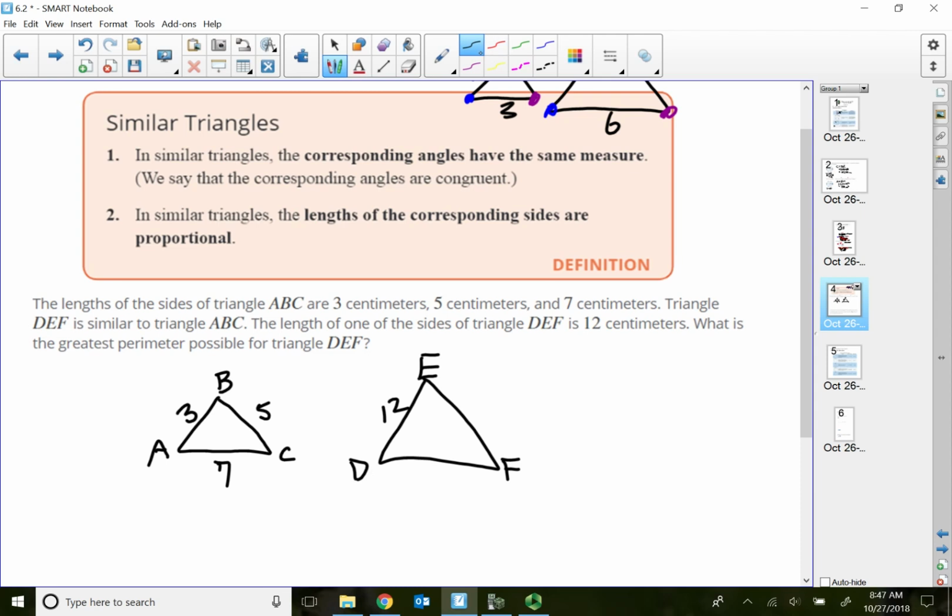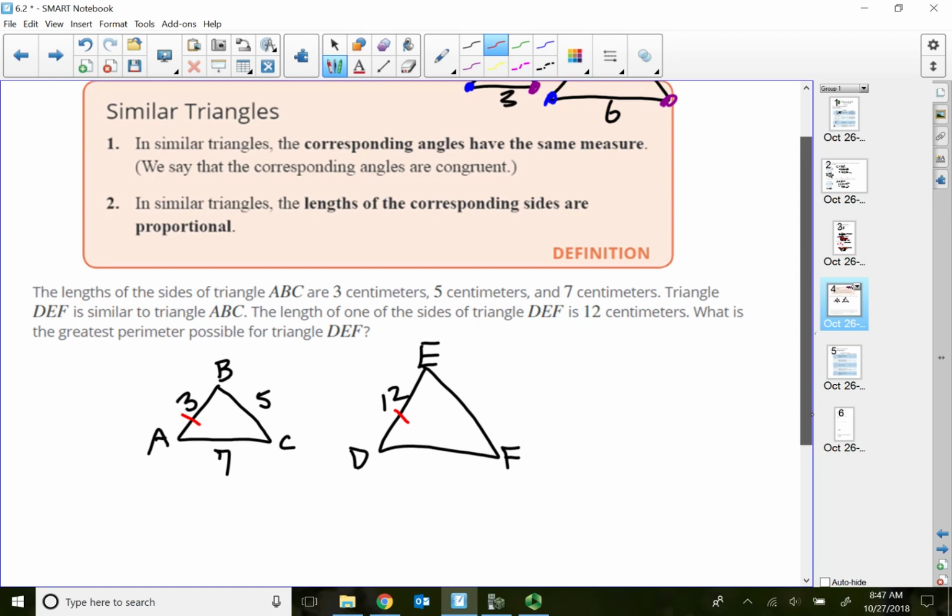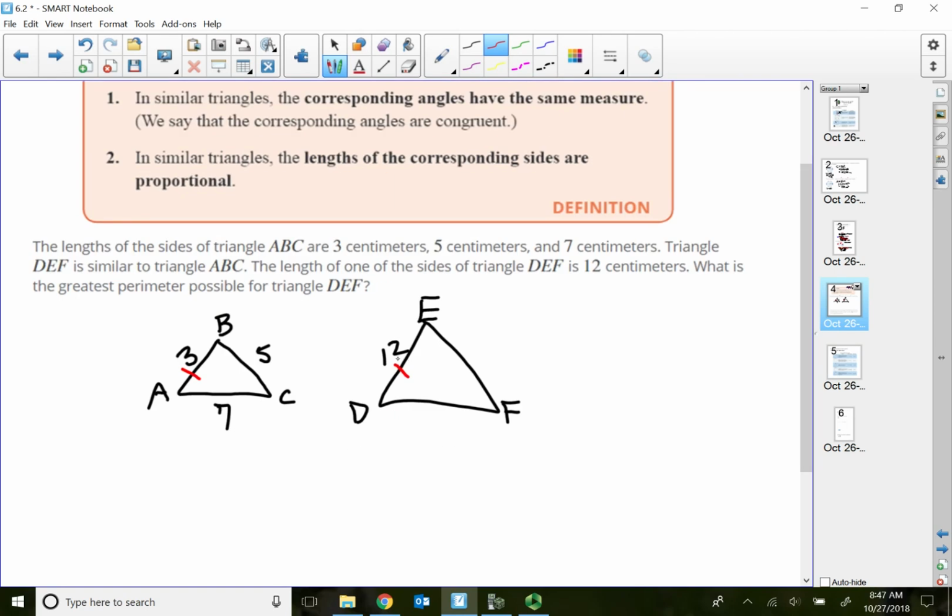All right, so think about this. If I purposely label A to B as 3 and D to E as 12, that means I want these two sides to be the corresponding sides. So the 12 is actually going to be 4 times as large as my corresponding side 3.